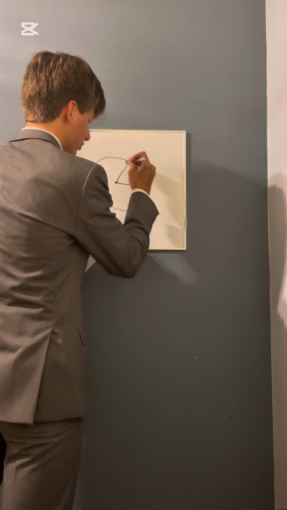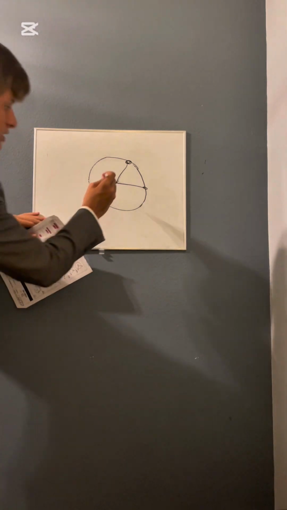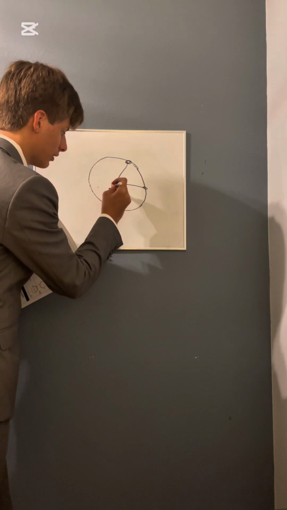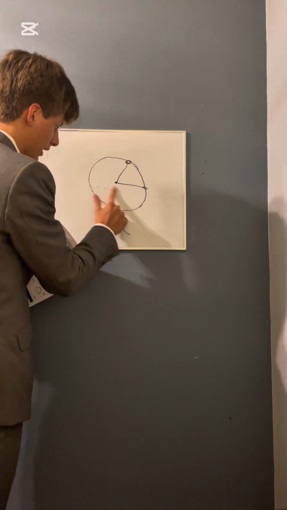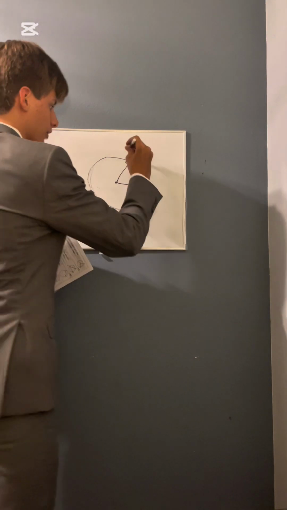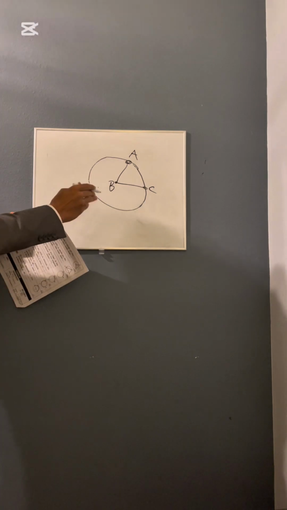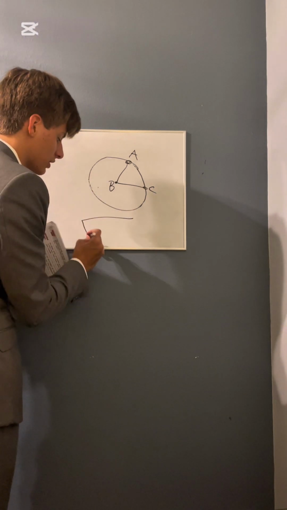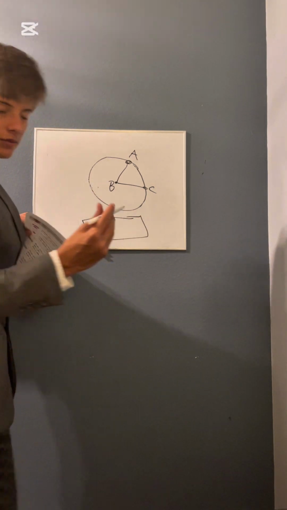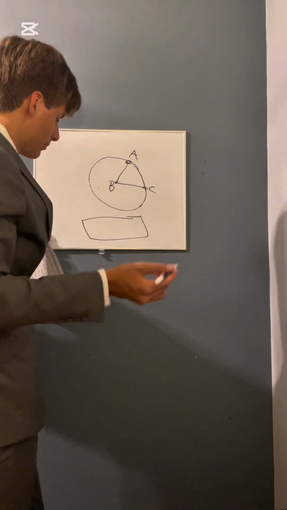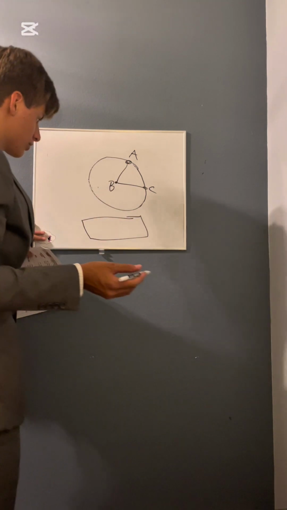Central angles have 3 points. This point right here in the middle is called a vertex. Remember that. It's a very important word. Let's call this point A, point B, and point C. When you write this down in the box that the teacher will probably give you, even if they don't give you a box, just write it down on your paper or wherever you're supposed to write the answer.